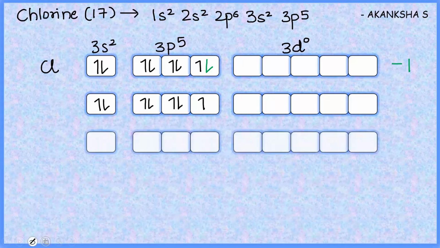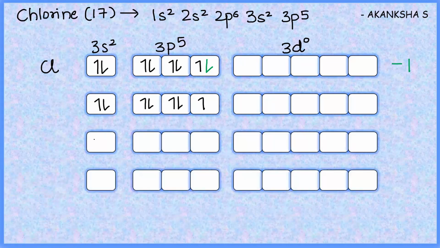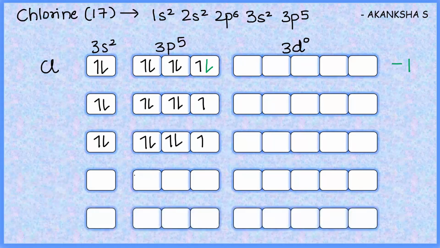I'll just add up all the possible configurations over here. You can take some time in understanding what states can be formed. Then I feel it would be pretty easy to give the states. Since there is only one unpaired electron, it can be lost.